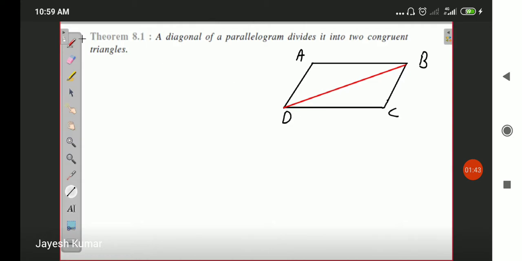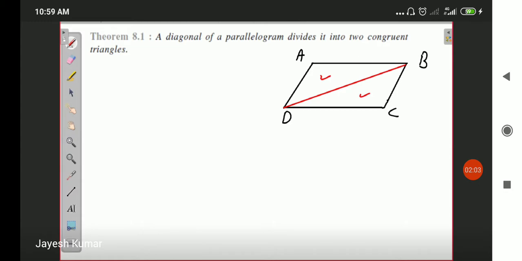The theorem is telling us that diagonal BD is going to divide this parallelogram into two smaller triangles, which we all agree upon. We can easily see that we have two triangles, ADB and DBC. The theorem further states that these two triangles are always congruent.